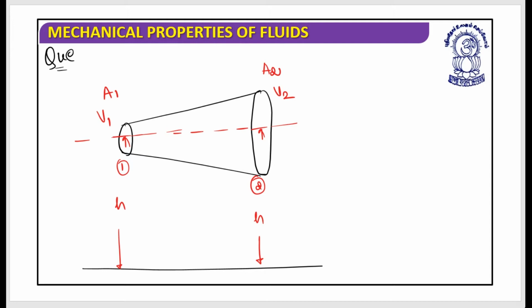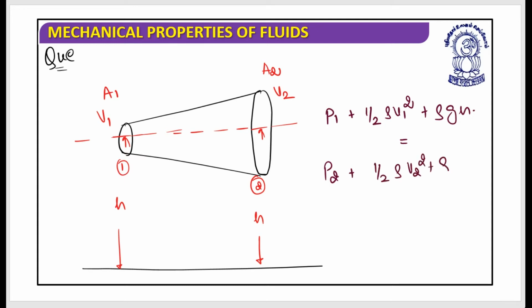Tell me. So Bernoulli's principle at these two locations will be P1 plus half rho V1 square plus rho g h, that should be equal to P2 plus half rho V2 square plus rho g h. This would be Bernoulli's principle for these 2 points, for a horizontal pipe.